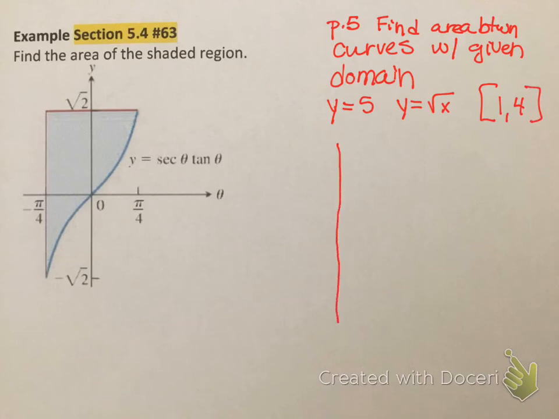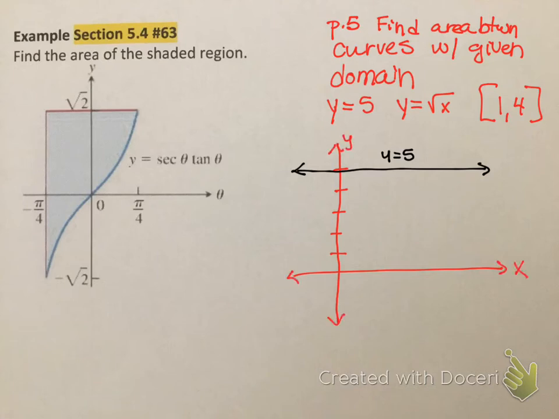So let's sketch this thing. So let's see, 1, 2, 3, 4, 5. So y equals 5. Horizontal line here. We need to sketch y equals the square root of x.